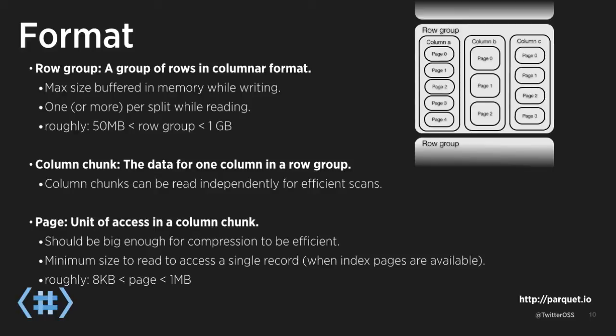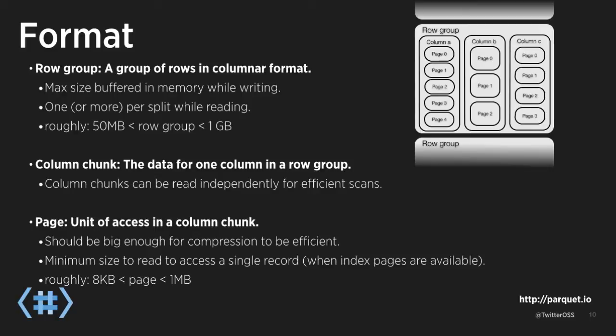So now I'm going to talk a little bit about the format. And in particular, I'm going to explain how we turn those nested data structures into flat things that fit into columns. So the format is columnar, but it's columnar per row group, right? So when we write into columns, the records come one at a time, in a row format, one row at a time.